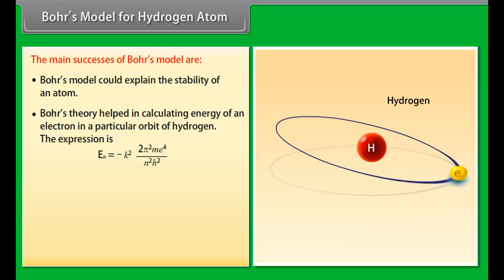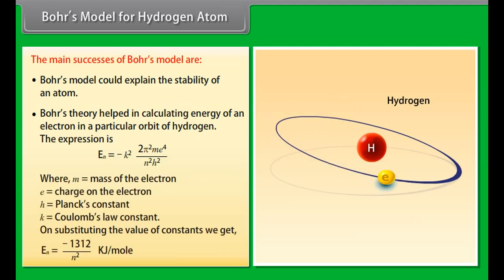The expression is En is equal to minus k² × 2 × π² × m × e⁴ divided by n² × h², where m is mass of the electron, e is charge on the electron, h is Planck's constant, k is Coulomb's law constant. On substituting the value of constants, we get En is equal to minus 1312 by n² kilojoule per mole.